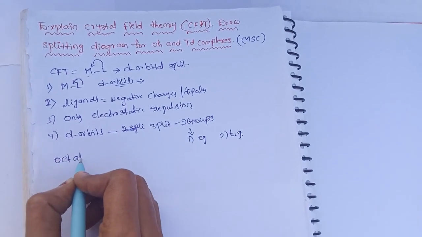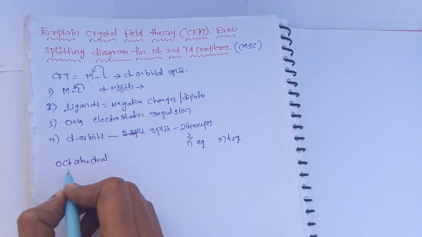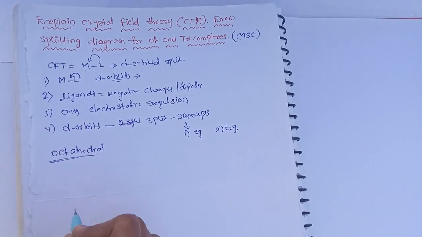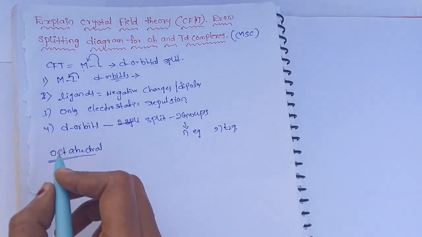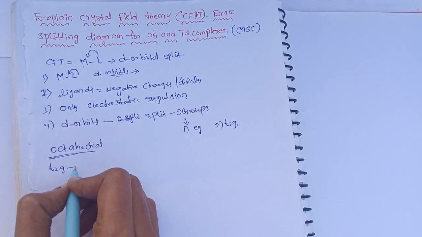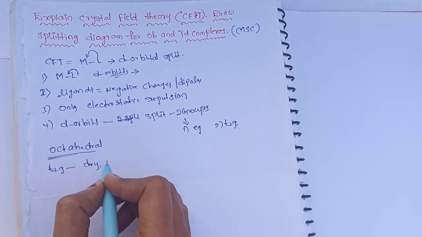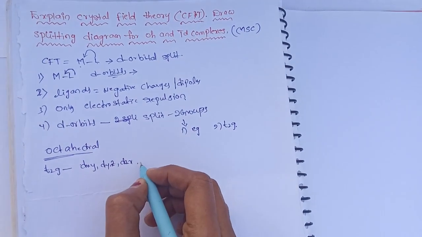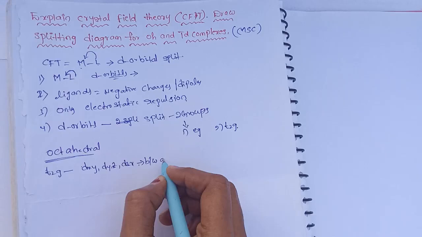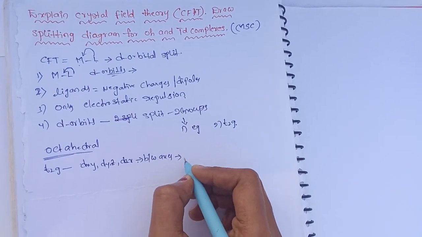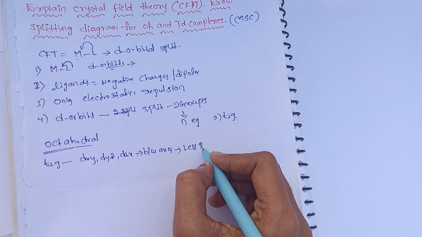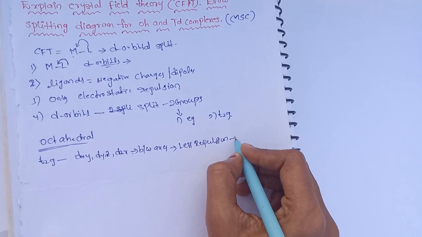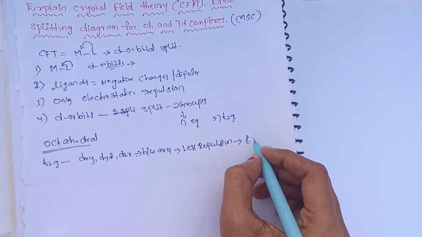Coming to octahedral complexes, you have to see the levels. In octahedral complexes, T2g is dxy, dyz and dzx. These lie between the axes, so there is less repulsion, which means low energy.